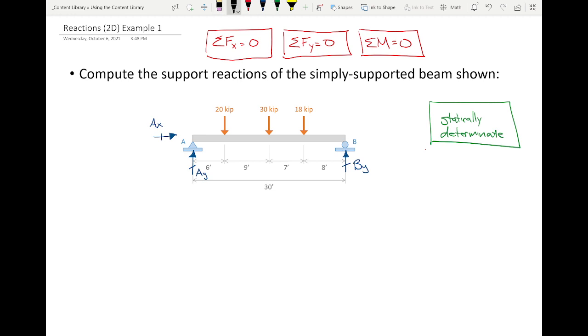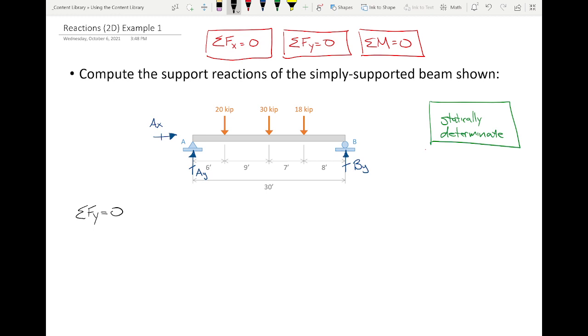Now, I am going to utilize these 3 equations of equilibrium to develop 3 equations to solve. And I am going to start with the middle one. We're going to start off with the sum of forces in the y direction equals 0. Now, when you write these equations, you have to pick a sign convention.